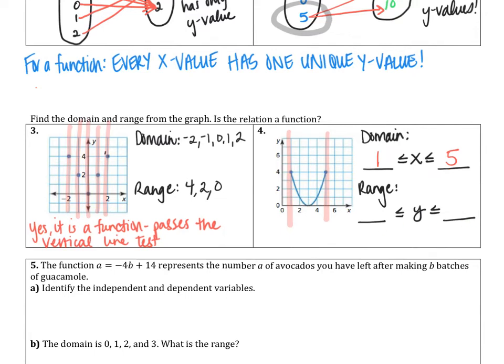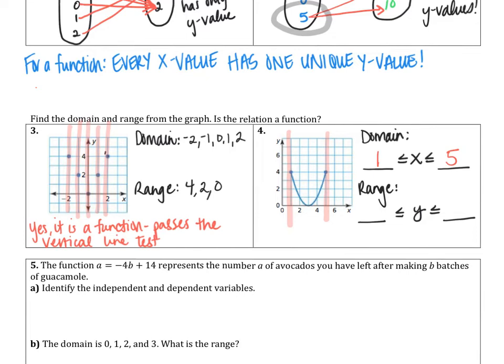And don't worry, we're going to do it so much that you guys will be pros by the time your test comes. But if we see a smooth line, we're going to use this kind of notation that lets us know not just the lower bound and the upper bound, but every single number in between, all decimals. So let's look at the y values.